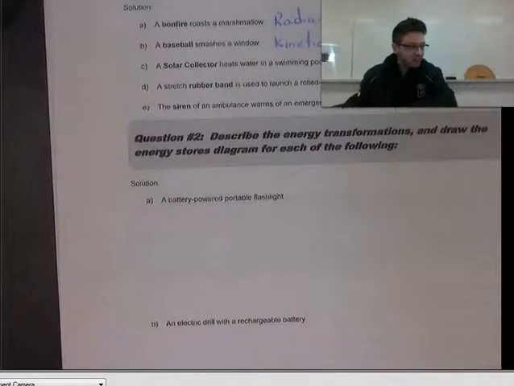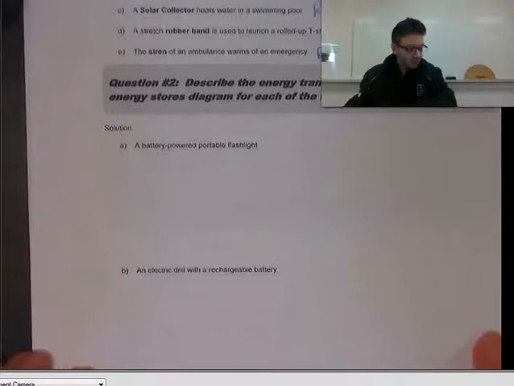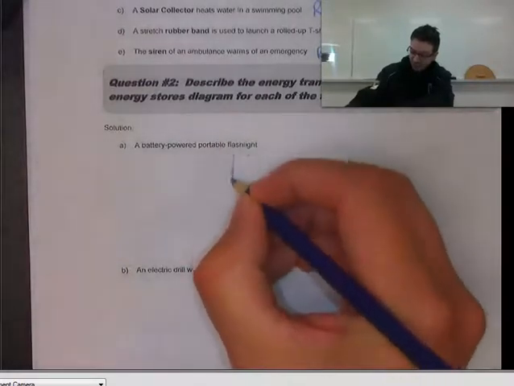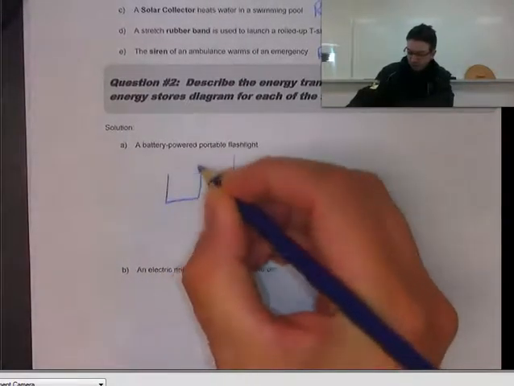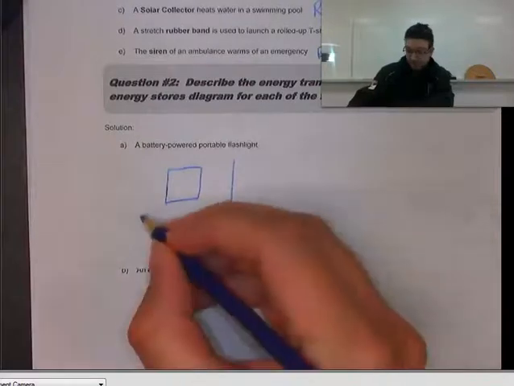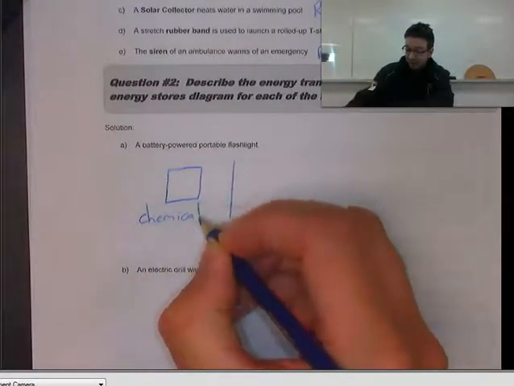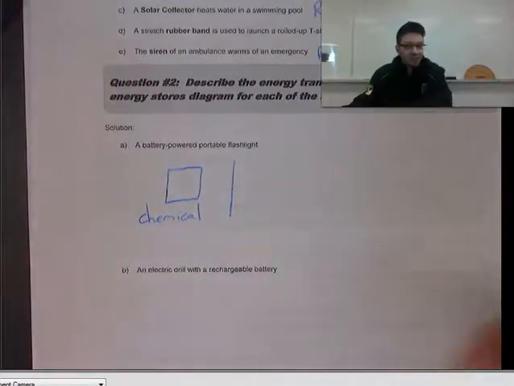Let's go over some examples of energy transfers. Battery-powered portable flashlight. It's kind of like in the example I just had, but some people like to say we'll start with chemical, which is fine. You have chemical energy. Batteries are made up of chemicals, and so before you actually hook them up to a circuit, this is chemical energy.